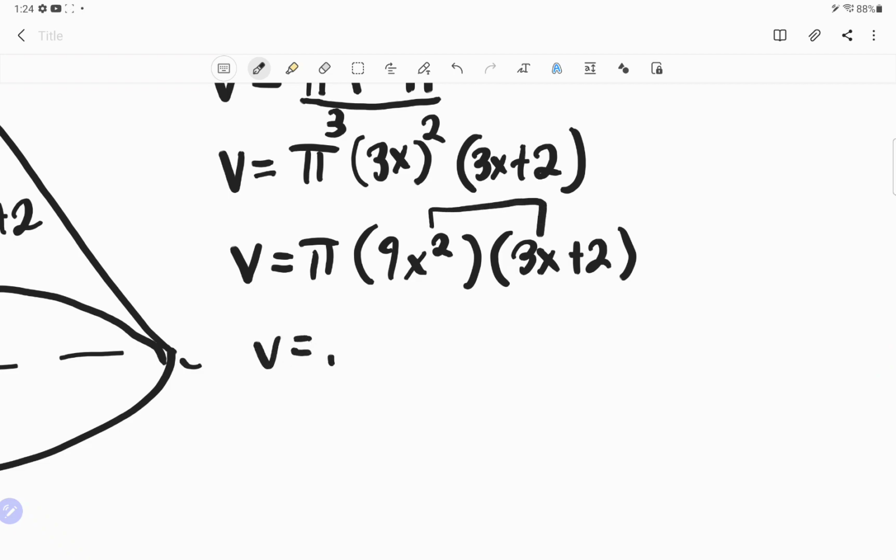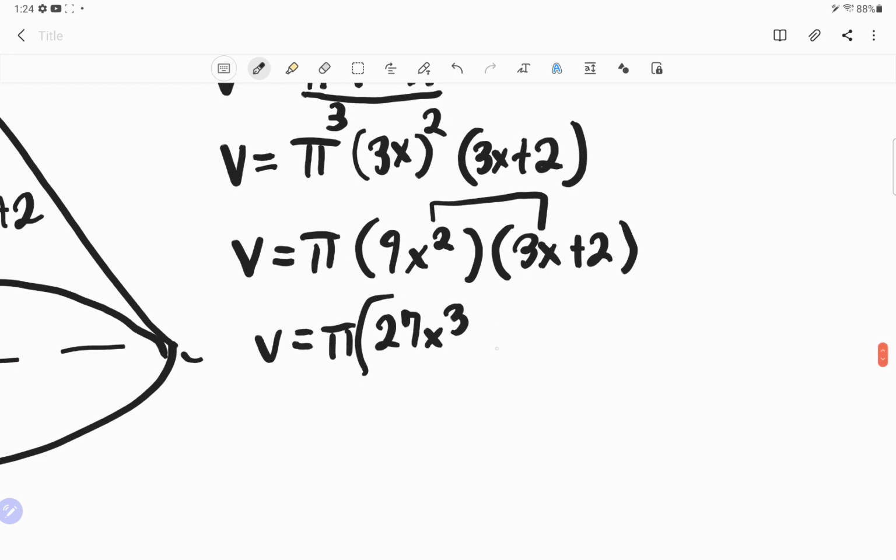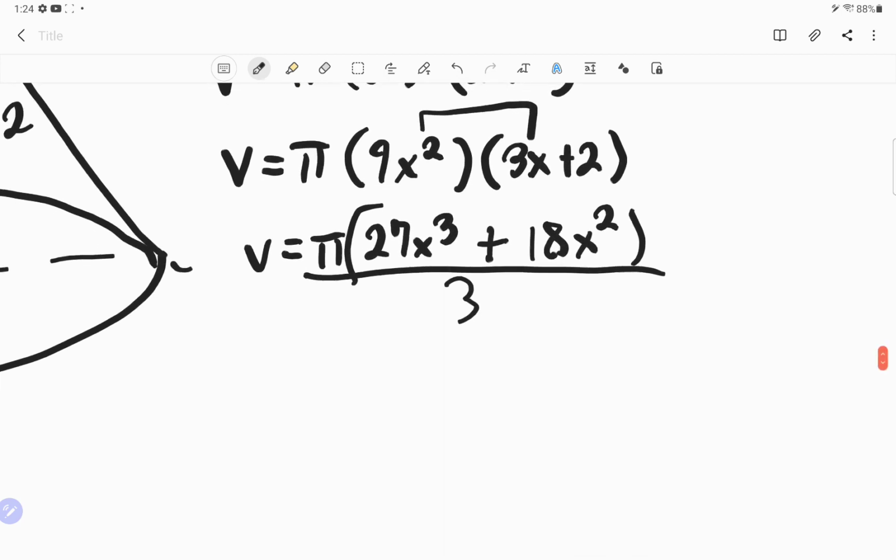Therefore, I'm going to get pi times 27x cubed, because both of them have an x, and then plus 9x squared times 2, which is going to equal 18x squared. At this point, I'm going to divide everything by 3.